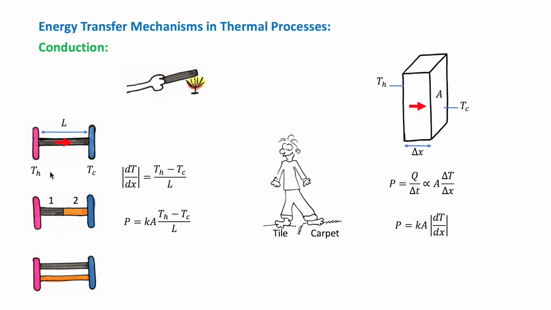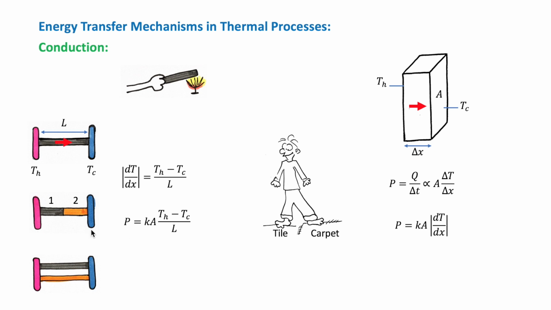And therefore, the temperature gradient is the same everywhere along the rod, and we may write that dT over dx is equal to Th minus Tc over L. And therefore, the rate of heat transfer is equal to kA times Th minus Tc over L.